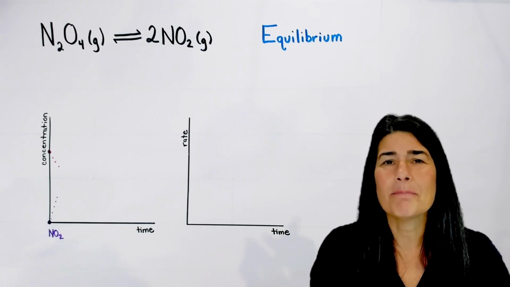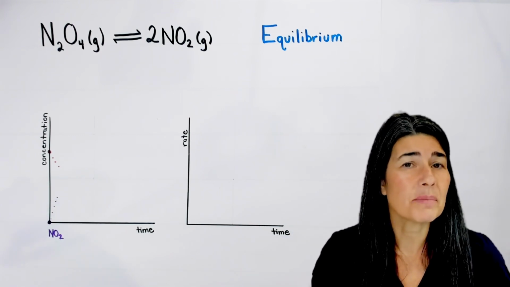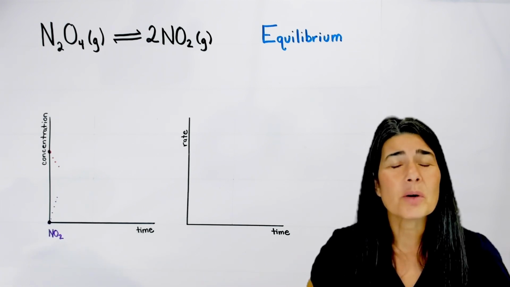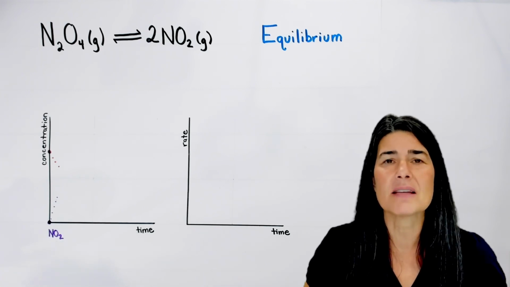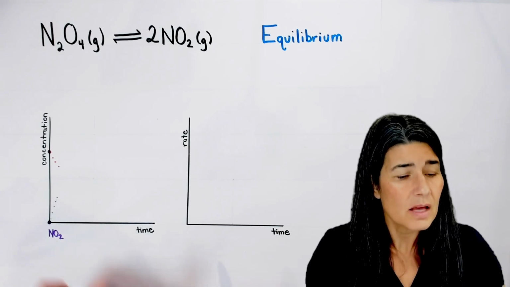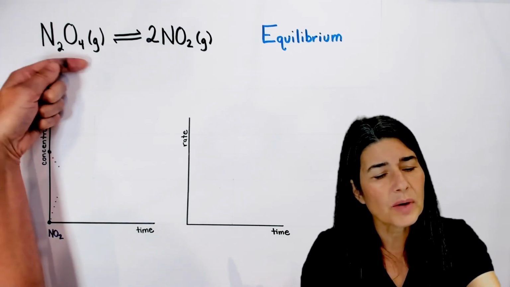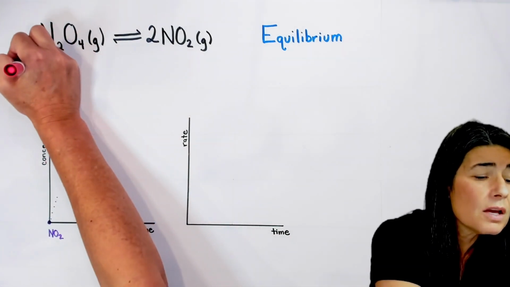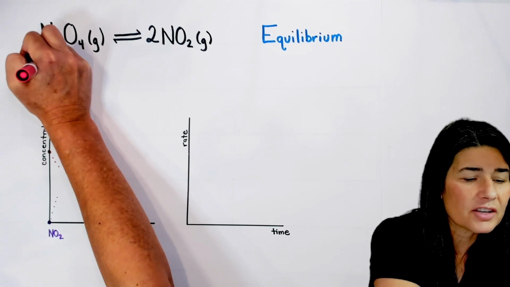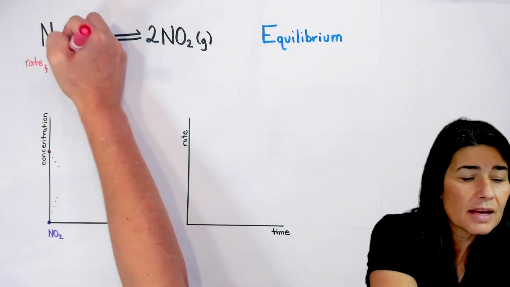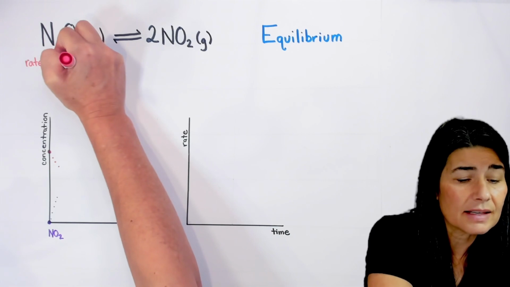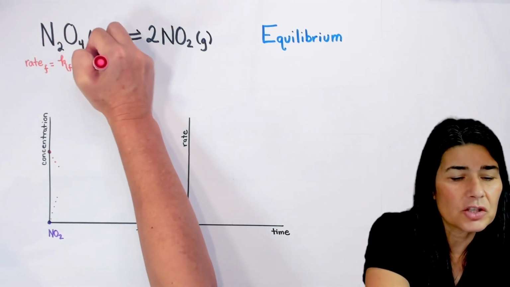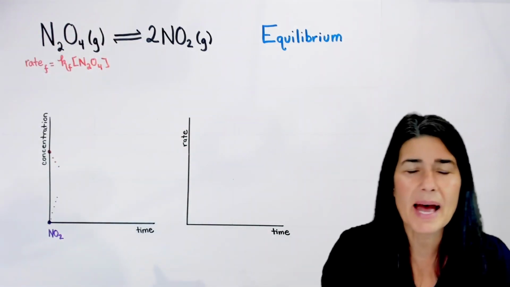Now, as our amounts begin to change, something interesting happens to the rates of those reactions. Remember, we know how to write rate laws based on the stoichiometry of this reaction. So we could look at the rate in the forward direction for N2O4 decomposing. The rate in the forward direction, I'll call that rate F, equals the rate constant Kf times the concentration of the N2O4 to the first power.